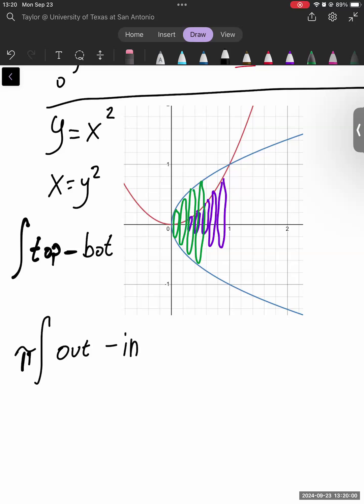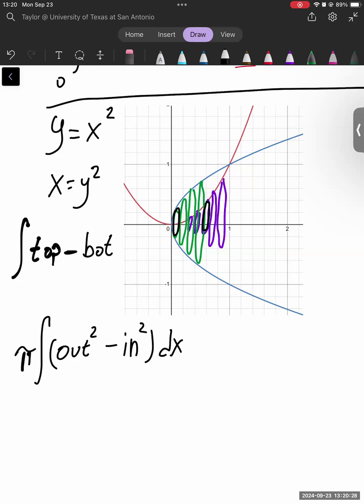We have the outer radius and the inner radius, so that forms our washer. And then what am I missing from this equation? I'm missing two things inside the parentheses. Nice. So then squared and squared.